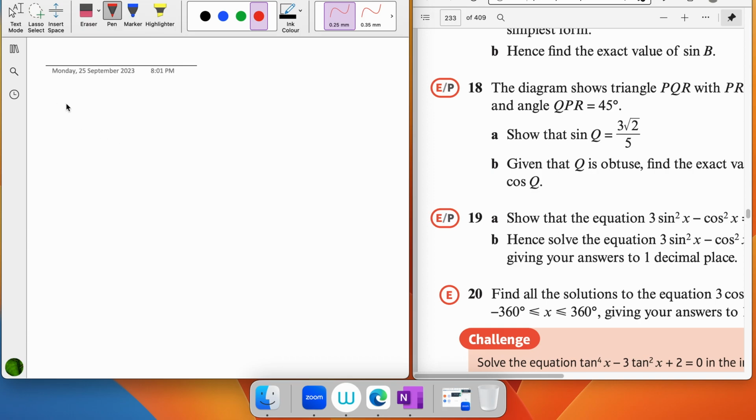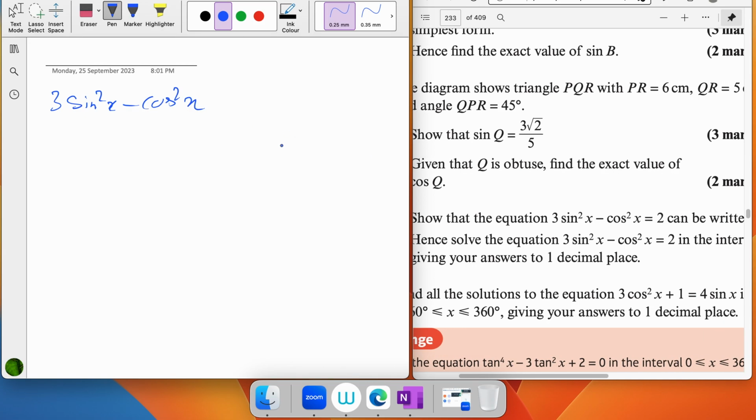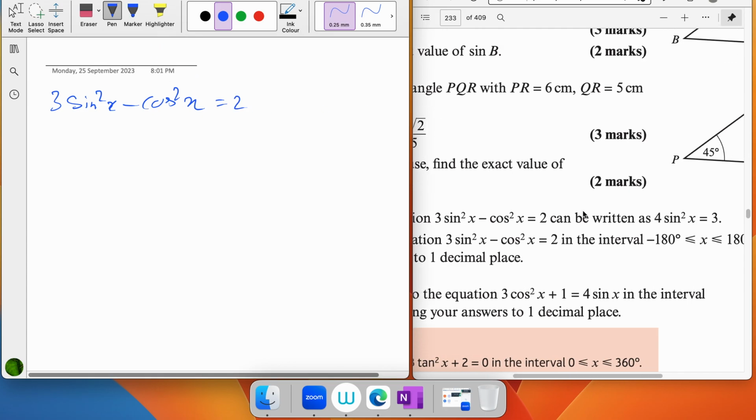The equation is 3 sine square x minus cos square x is equal to 2, and it can be written as 4 sine square x is equal to 3.